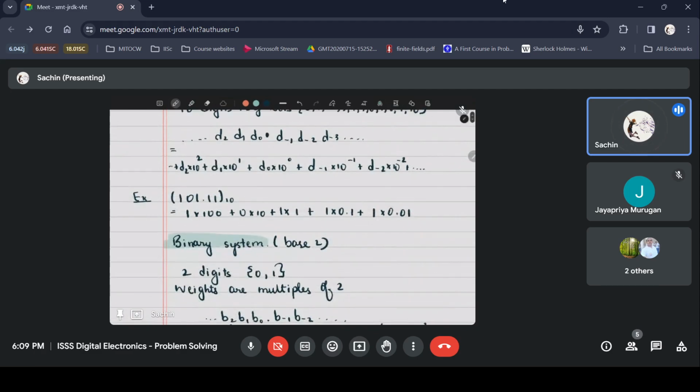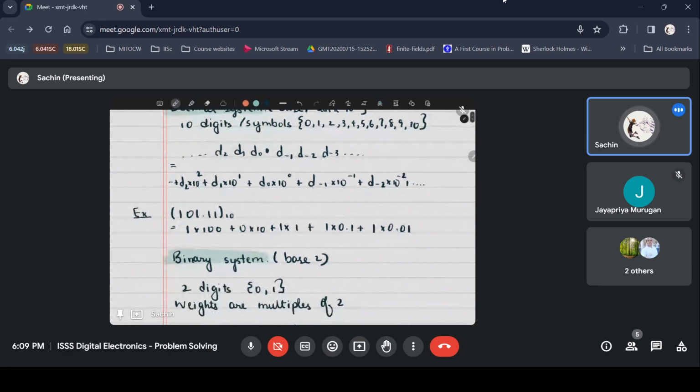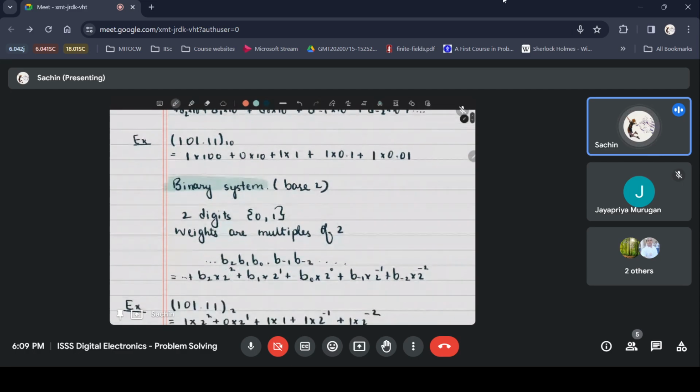But this decimal system is useful for humans to interact with each other, but it's not amenable to use in a computer. What a computer understands is binary numbers, and this is because most of the storage, representation, and arithmetic is done using transistors, which can act as switches.